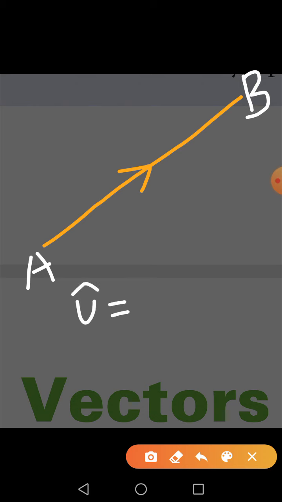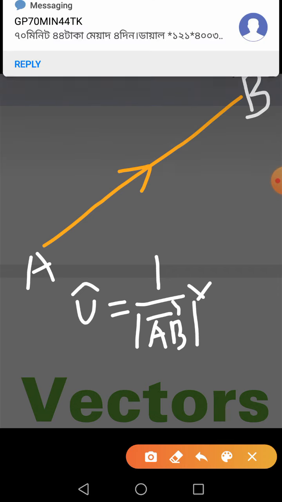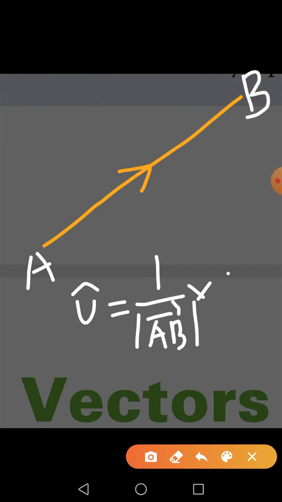And unit vector is equal to 1 by magnitude of AB multiplied by the vector itself. Okay. So, this is how to find the unit vector.